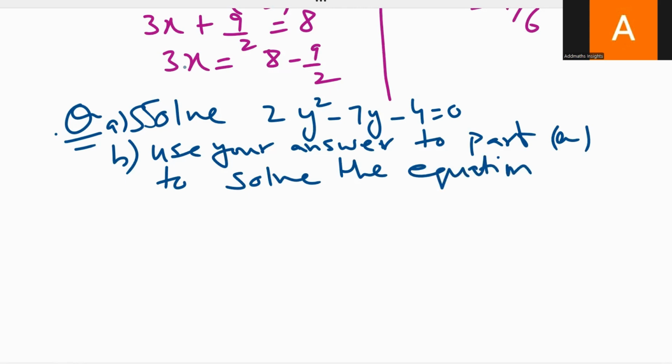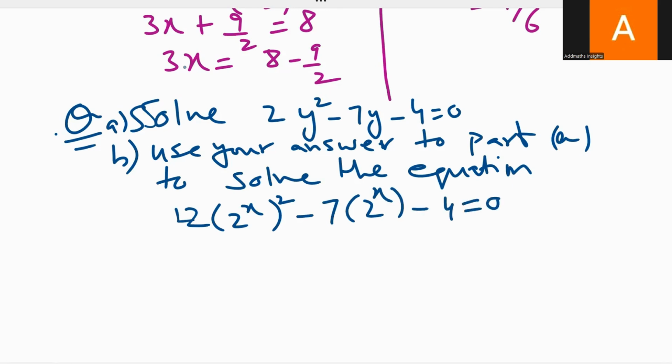Equation 2 raised to the power 2x square minus 7 minus 4 is 0.